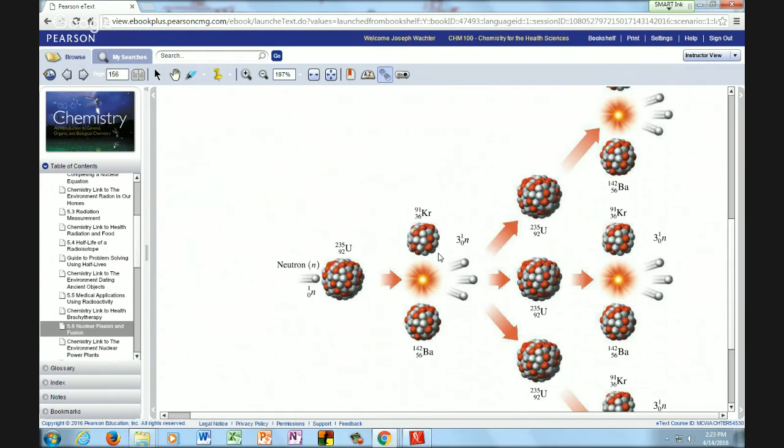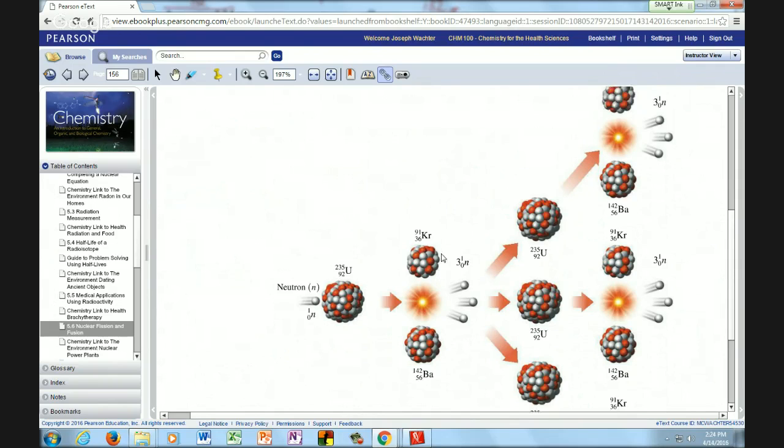In a nuclear power plant, this is also the reaction that's happening, but the reaction is controlled by what are called fuel rods, so the uranium can be removed from the reaction or put back in the reaction depending on how much energy you want to come out. So the reaction is more controlled that way, and so that allows us to not let it run away and create too much energy.